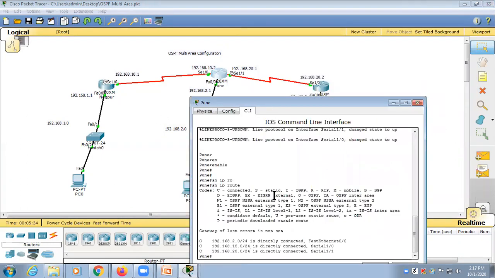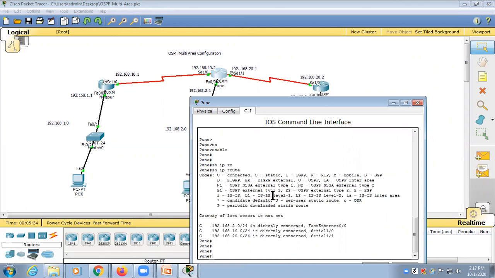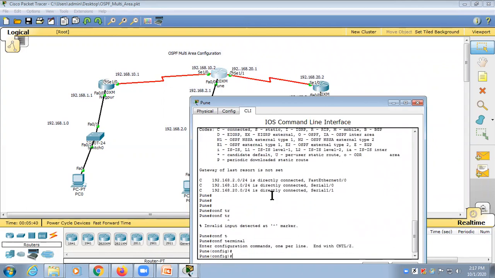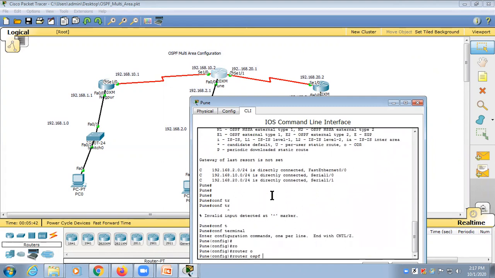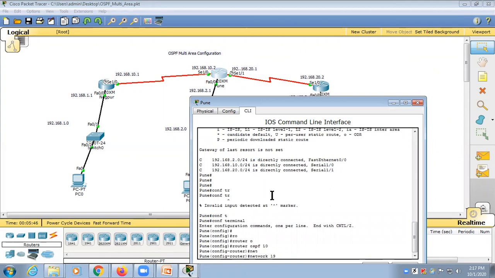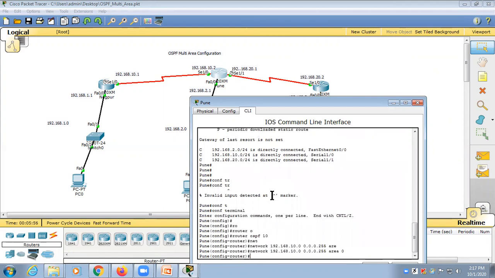Now go to the Pune router and go to configuration mode. Configure terminal. Then type router ospf, then the ID will be 10. Then type the networks: 192.168.10.0 wildcard mask 0.0.0.255. Then the area will be 0. This is area 0.